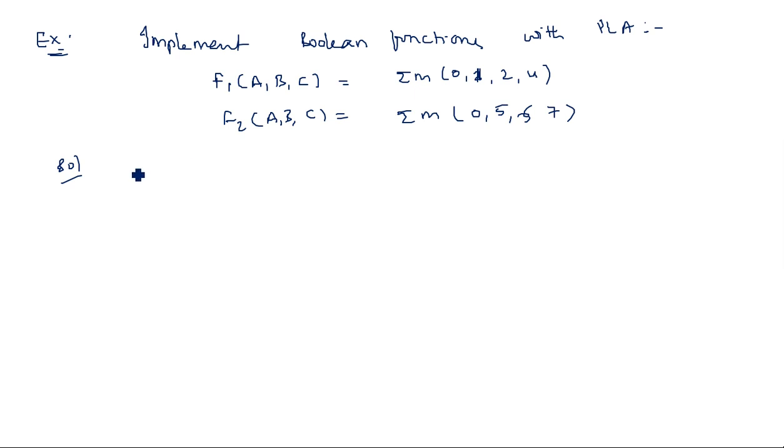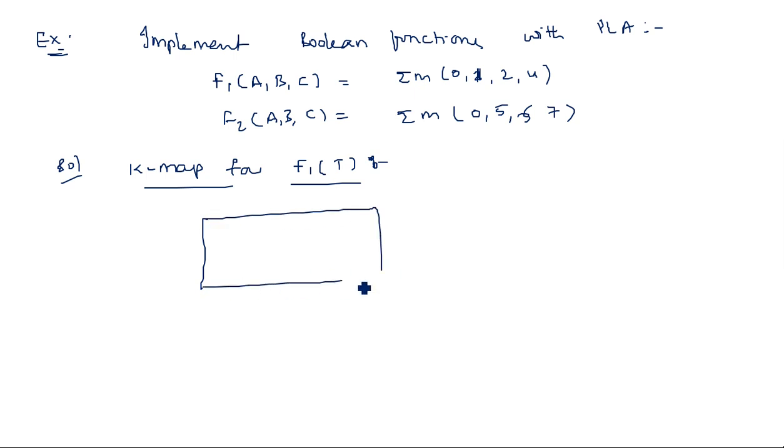By taking the K-map. So K-map for F1 true. There are 3 inputs, so a 3 variable K-map we have to consider. So it is ABC, 0 0 0 1 1 1 1 0, and 0 1.